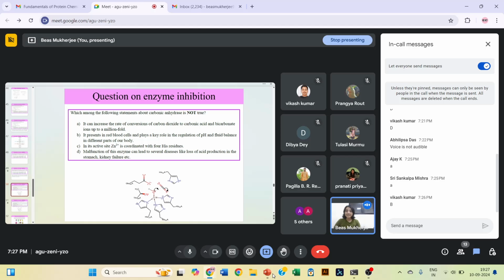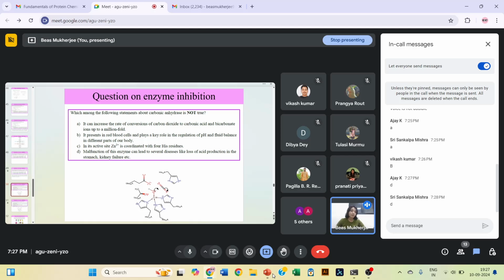Option A says that it can increase the rate of conversion of carbon dioxide to carbonic acid and bicarbonate ions up to 1,000,000 folds. It is present in blood cells. D is malfunction of this enzyme can lead to several diseases like loss of acid production in the stomach, kidney failure, etc. They are asking you which of these is not true.